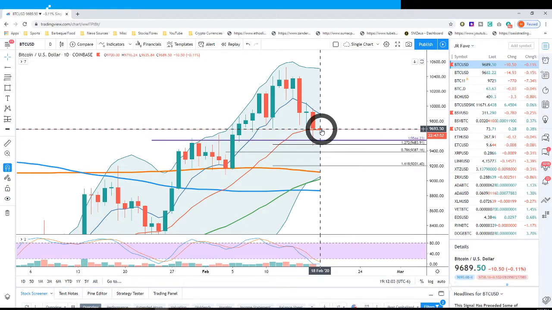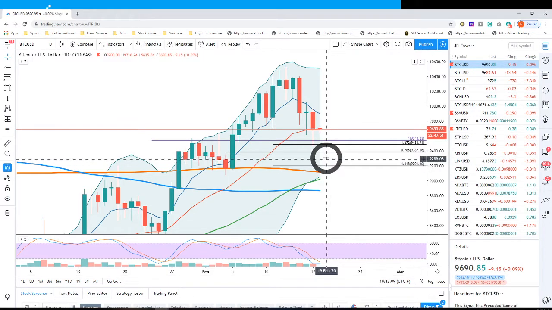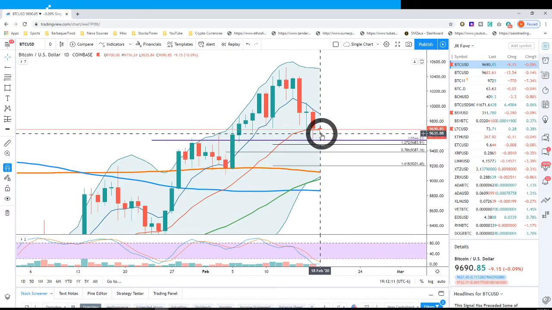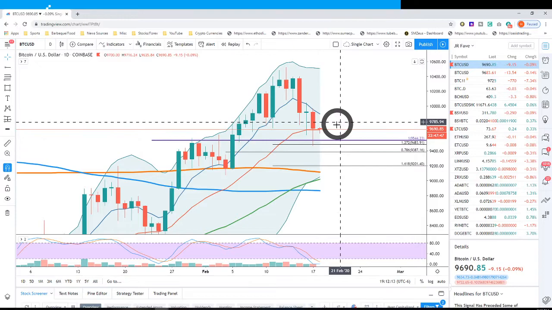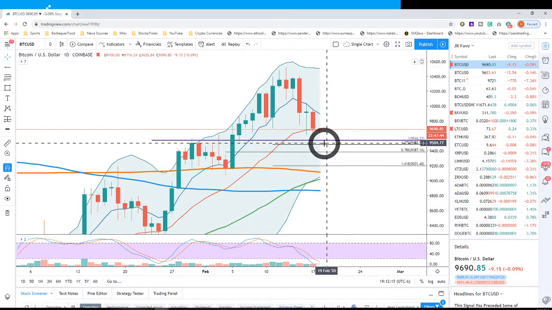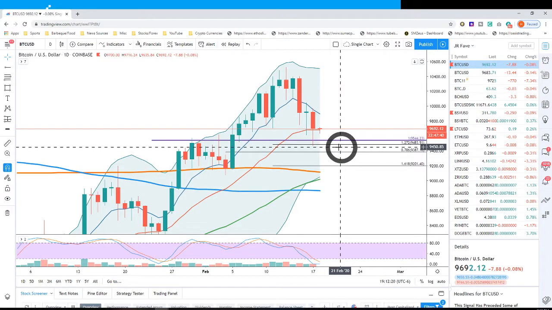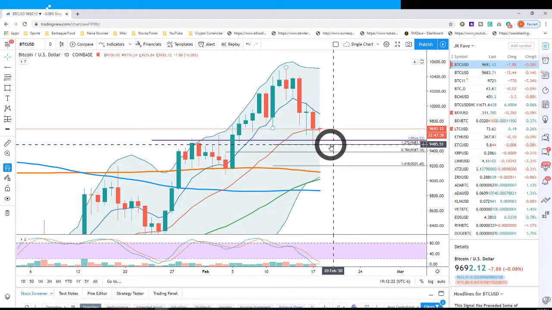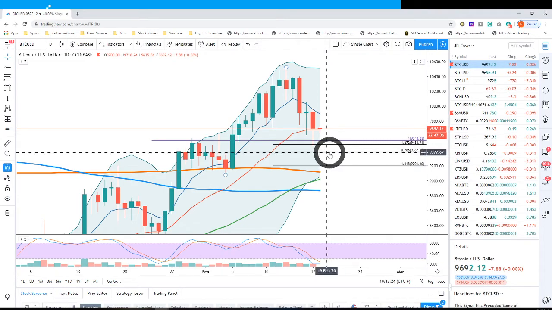10% of that move is what? 960 points? Do you want to lose 10% of your money, or do you want to lose 5% of your money, which is 400 points? Well, 400 points puts you down below the 1272 and even below the 78.6.